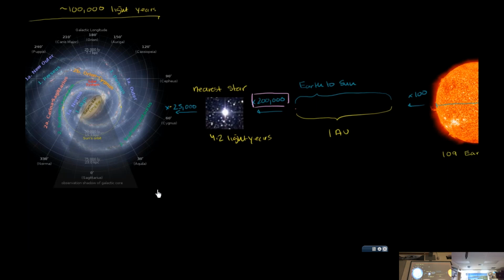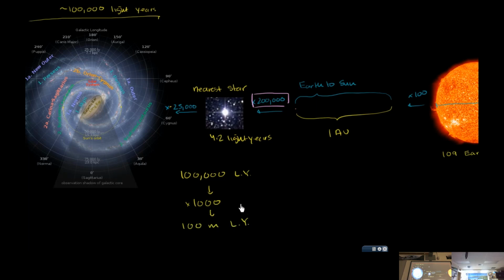Just in the part of the universe that we can theoretically observe, just because we're getting electromagnetic radiation from those parts of the universe, you would have to multiply this number. So let me make this clear. 100,000 light years, that's the diameter of the Milky Way. You would have to multiply it not by 1,000. 1,000 would get you to 100 million light years.